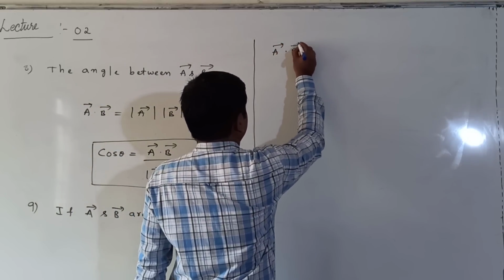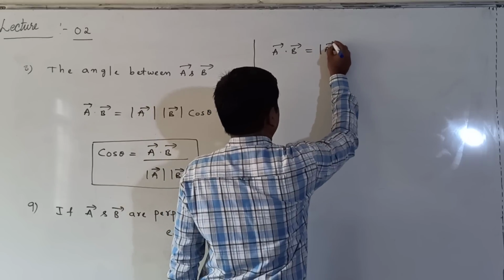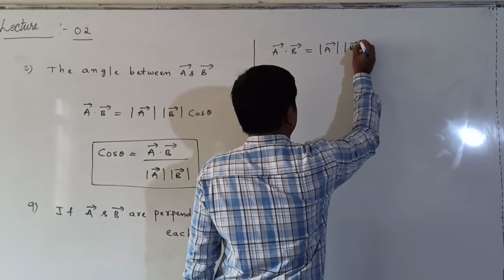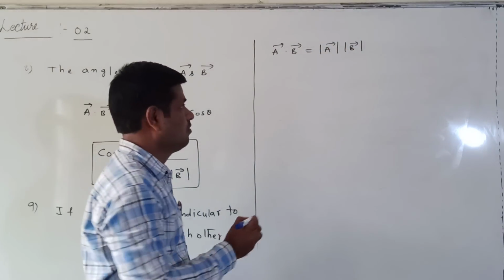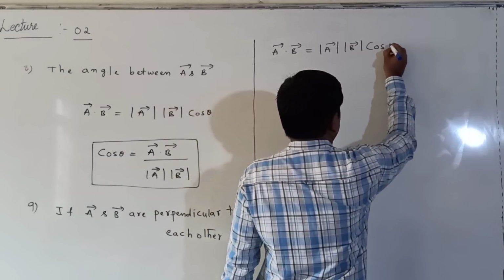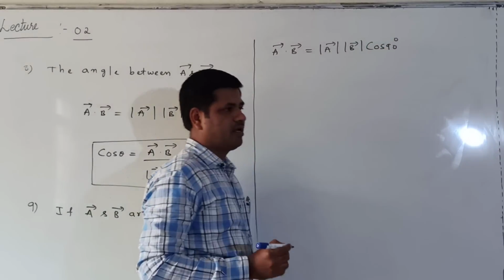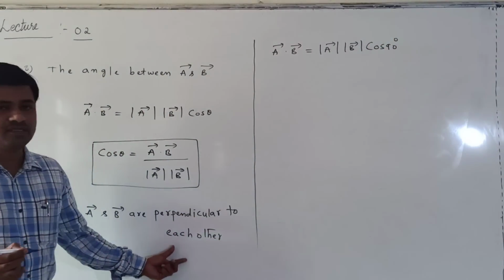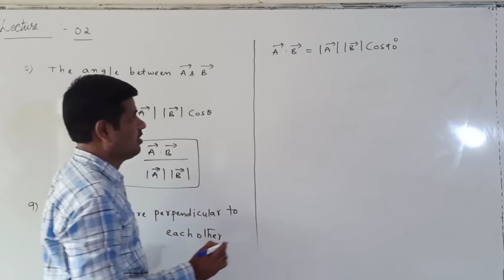A bar dot B bar is equal to mod A bar into mod B bar into cos, how many degrees here, 90 degrees. Perpendicular to each other means the angle between A bar and B bar is 90 degrees.